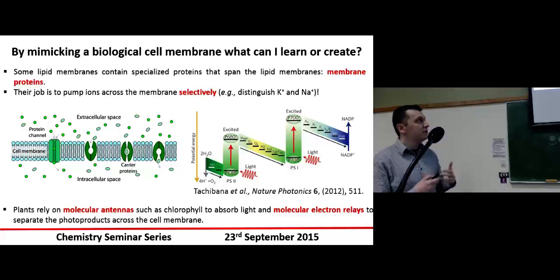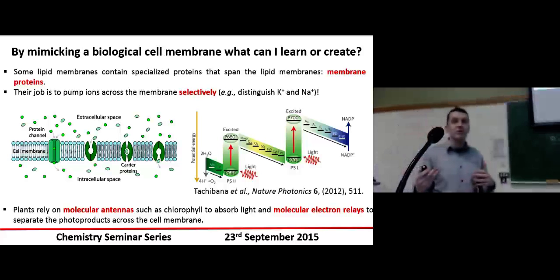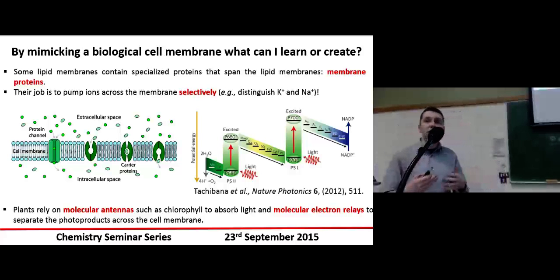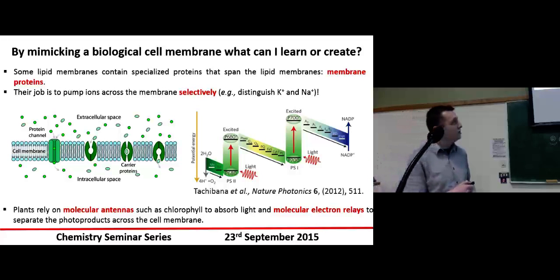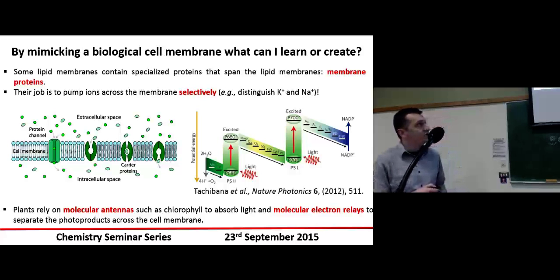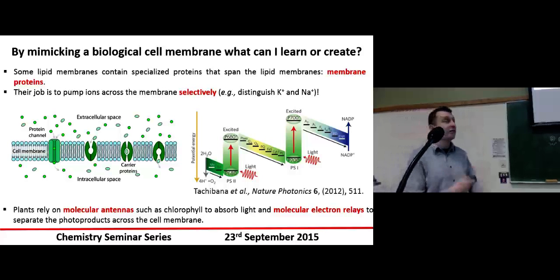So when you absorb light, you might get an oxidized and a reduced species, but it's only useful if you can keep them away from each other. You want to prevent recombination. So the ultimate source of electrons is water, and eventually those electrons will be used to reduce NADP cation to NADPH. So this is kind of like the fuel in the body. So this is the kind of research I want to mimic.